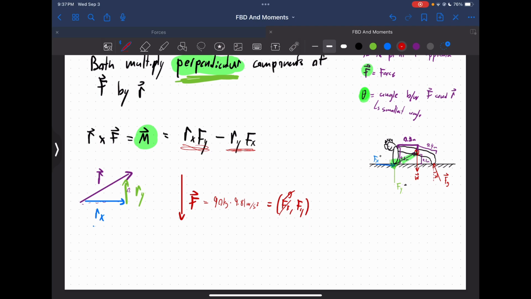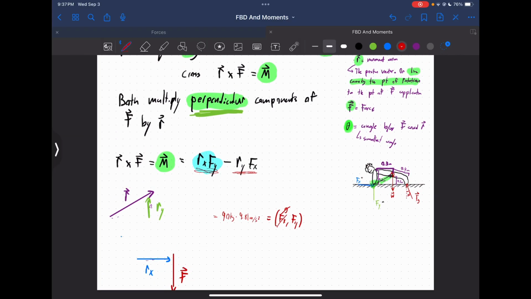Therefore, looking at this part of the equation, we have rx multiplied by Fy minus ry multiplied by Fx, which equals 0.